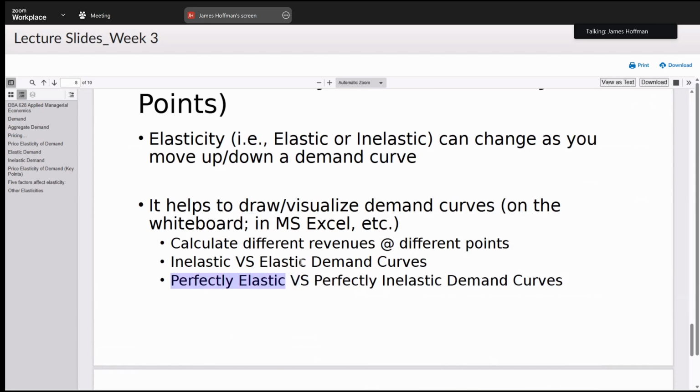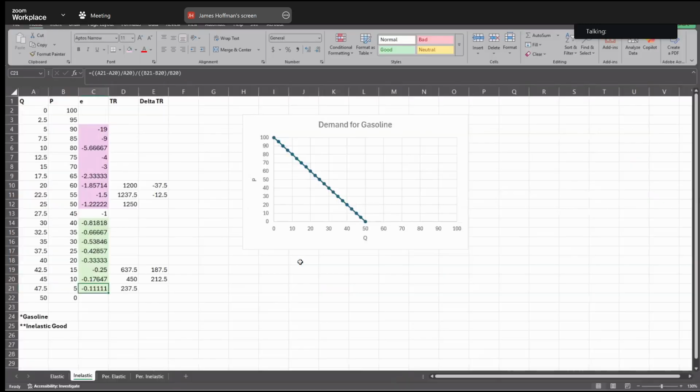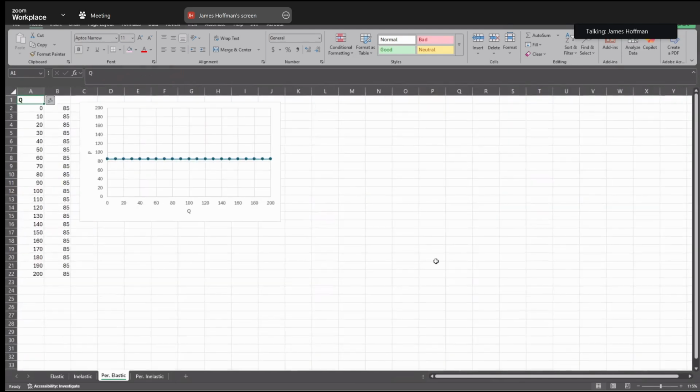So let me go here. Perfectly elastic on this tab.